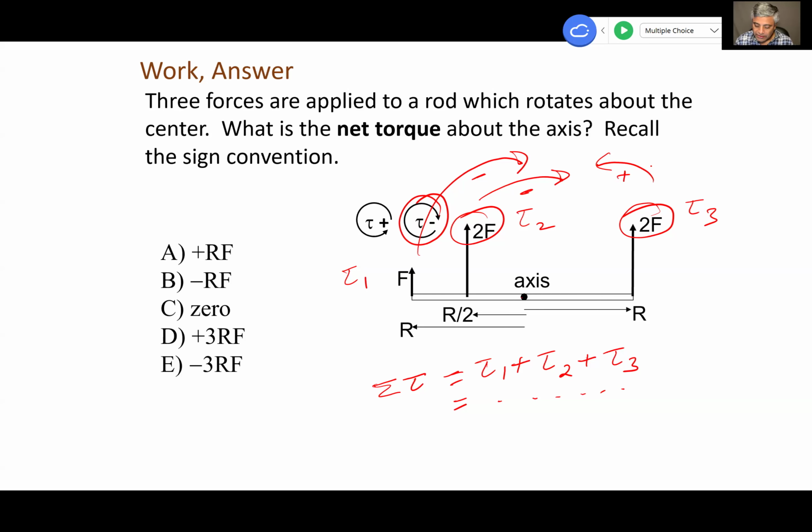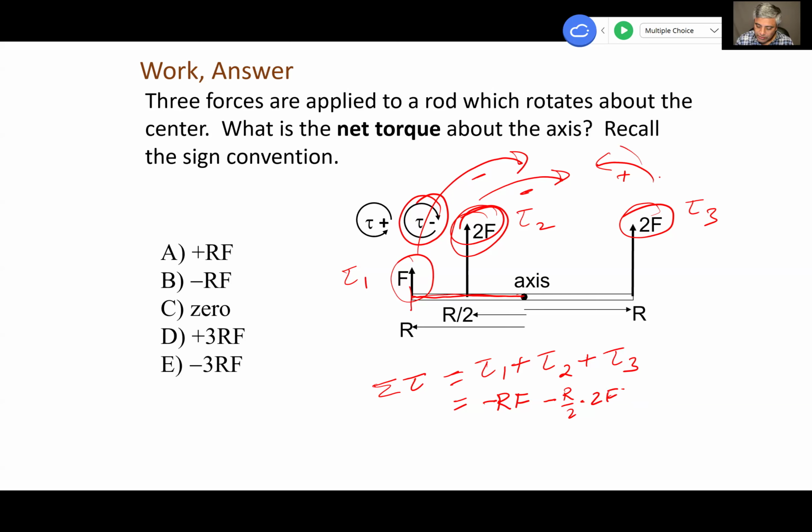Now torque 1 is negative, and since the force is perpendicular to this R, the lever arm is going to be the same as R, meaning it's going to be negative R times F. And the same thing goes with this, so negative R over 2 times 2F.